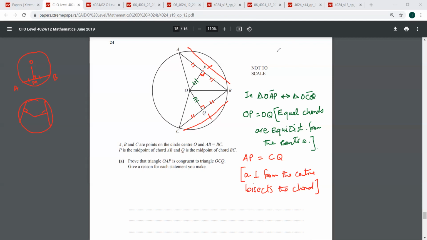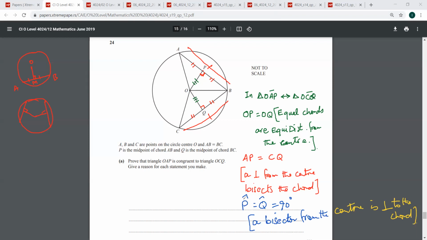Okay, now what can be that measure? Can I say the angle OPA is equal to the angle OQC? Okay, that is equal to 90 degrees. The reason for this is a bisector from the center is perpendicular to the chord.